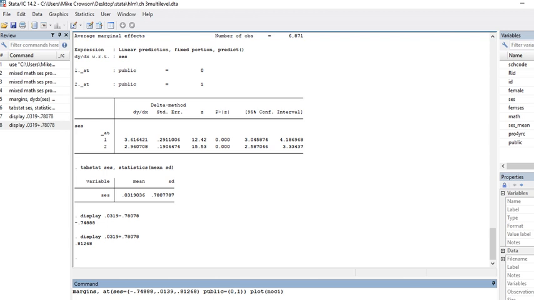These values right here, this negative 0.74888, is from this computation right here. The 0.0139 is coming from the mean on this variable, and the 0.81268 is coming from this portion right here. At any rate, we only have two levels of the public variable, which is the 0 and the 1 right here.